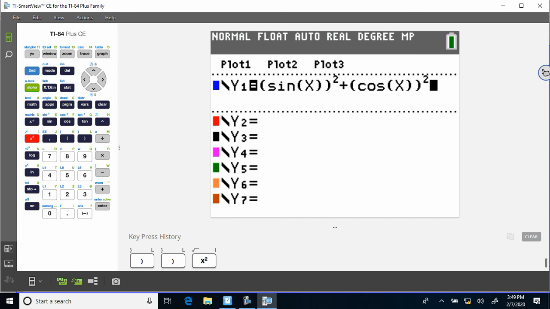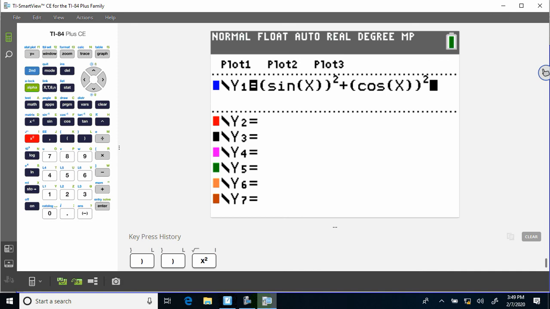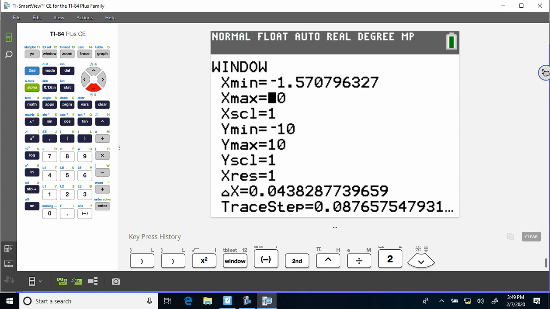It said to graph it from negative pi halves to positive pi halves. So I would go to my window and say I want to graph it from negative, and I type it in just like they said, negative pi divided by 2. Your calculator will change it to a decimal, and you want to go to a positive pi divided by 2.